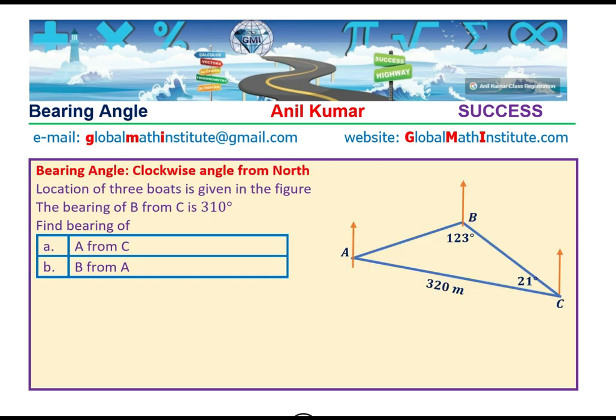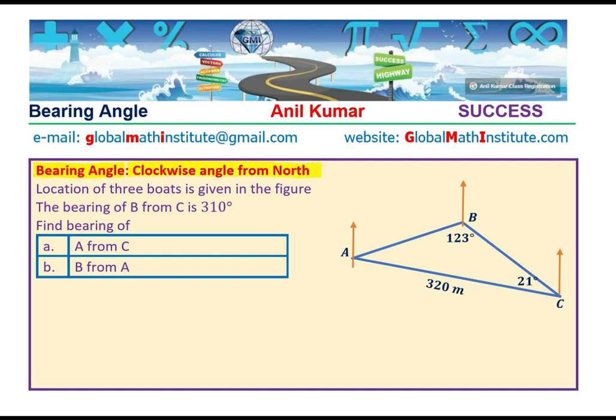Now, let's continue with the solution of the problem at hand. As I was saying, we are given three boards A, B, and C, and the bearing of B from C is 310 degrees. What does that really mean? What is bearing angle? Bearing angle is the clockwise angle from north.